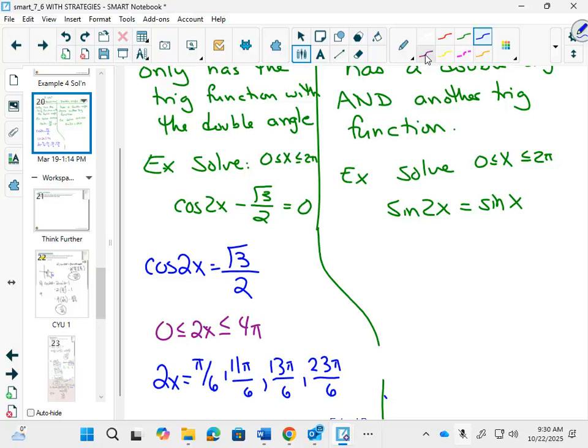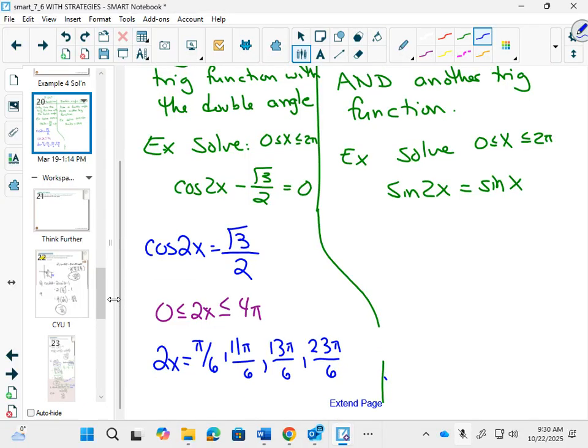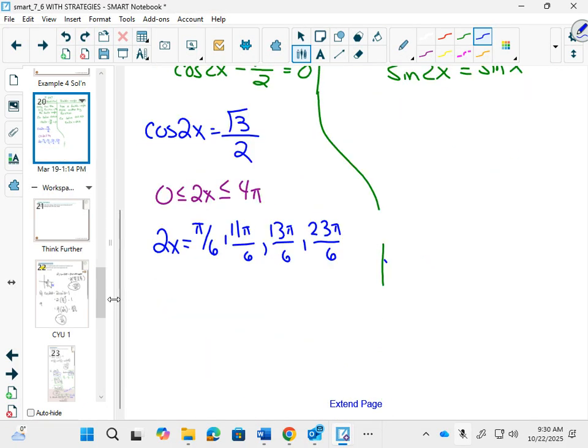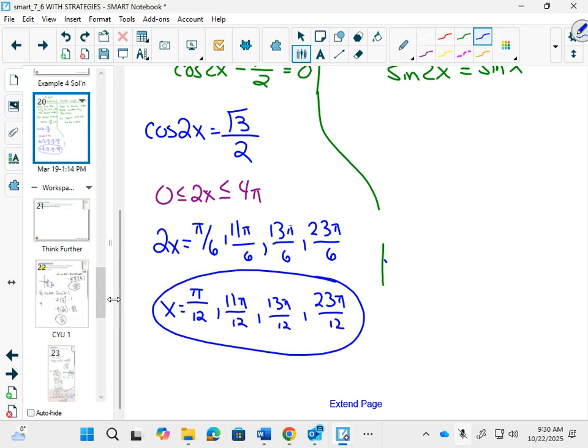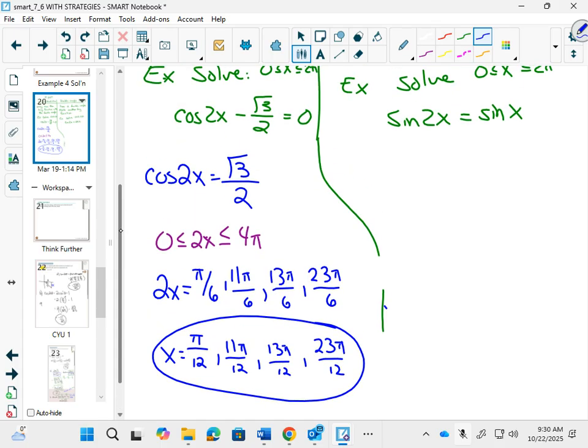And then divide all of them by 2, which is multiplying by half. And we get our answers. So that was something we did at the beginning of chapter 7, multi-revolution questions.